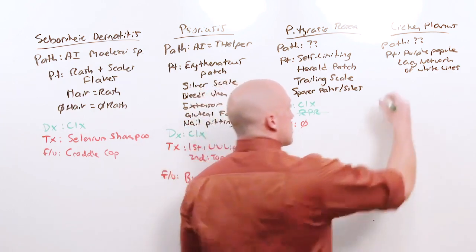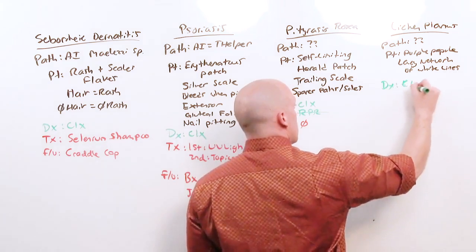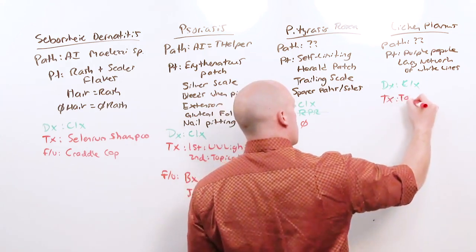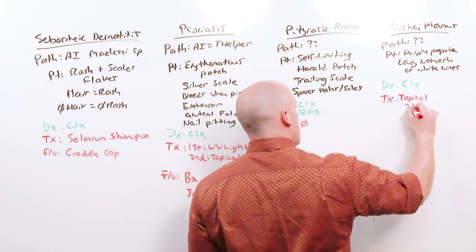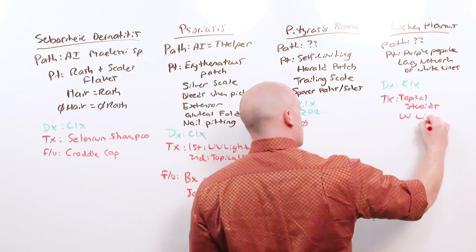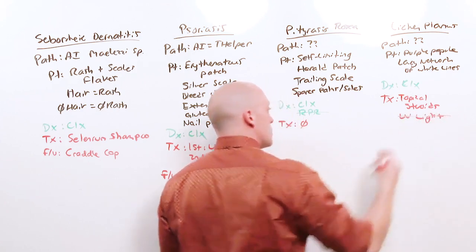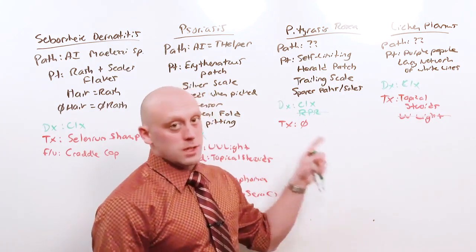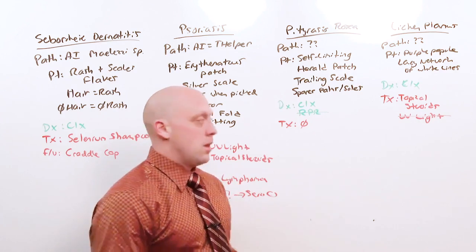The diagnosis is clinical, and the treatment is topical steroids. You can use UV light as an adjunct, but what I want you to remember for this lecture is UV light is used in psoriasis and then topical steroids. Topical steroids are used in lichen planus, then UV light.